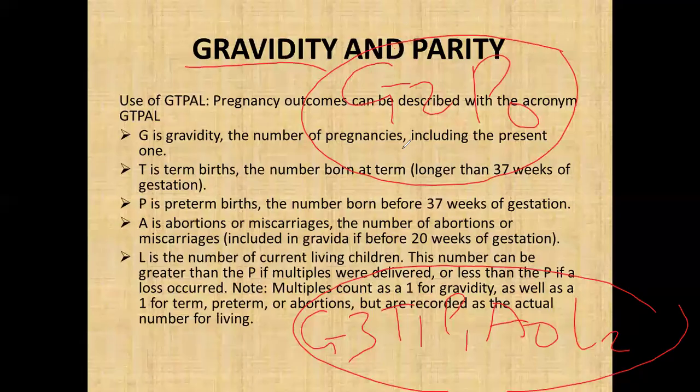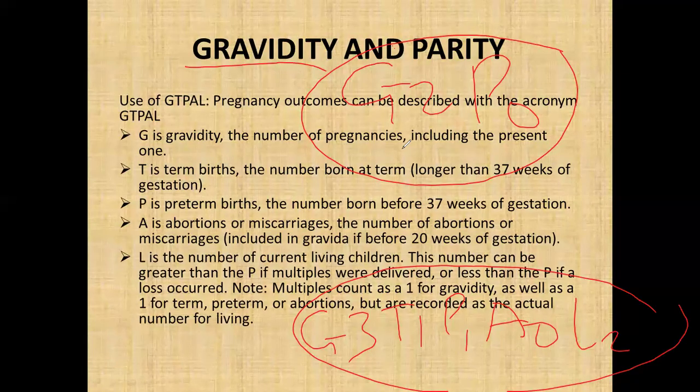That is why the person has G2. And then P0 means that the current pregnancy might not have gone beyond 20 weeks, and the previous one also did not cross 20 weeks. That is why you might see someone with parity zero and the G more than zero, one or two. I hope that makes sense.